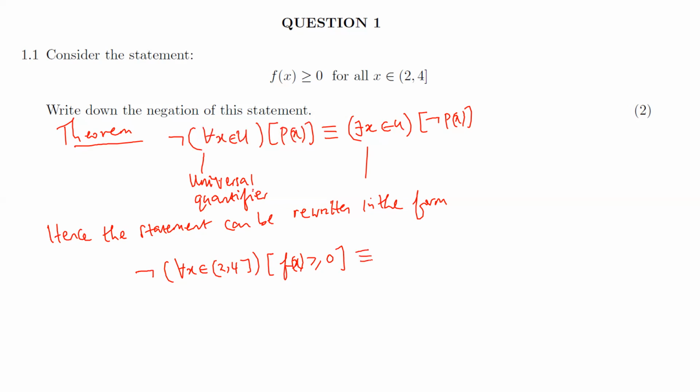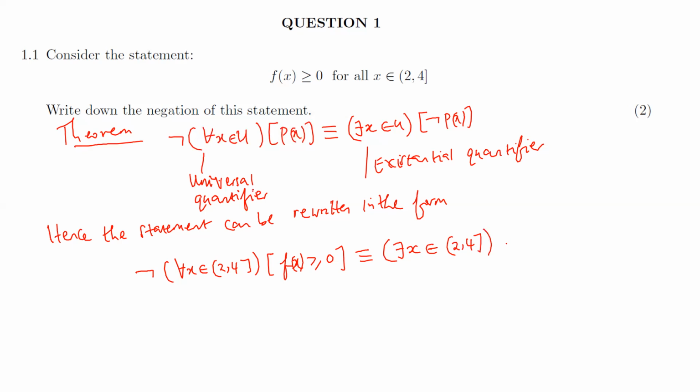So this is logically equivalent to the existential quantifier. So this is the same as there exists x in the interval 2, 4, open at 2 and closed at 4.